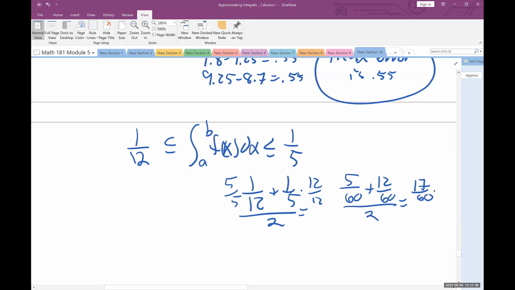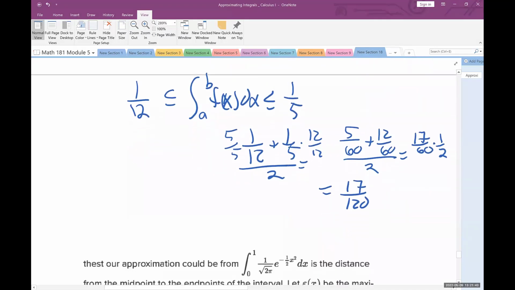And divided by 2 is like multiplying by 1/2, so it's going to be 17/120. That's your middle value. So you take that 17/120 and subtract 1/12 from it. Well, that's easy enough to do. Multiply that by 10/10. So 17/120 minus 10/120 gives you 7/120. So there's the error.